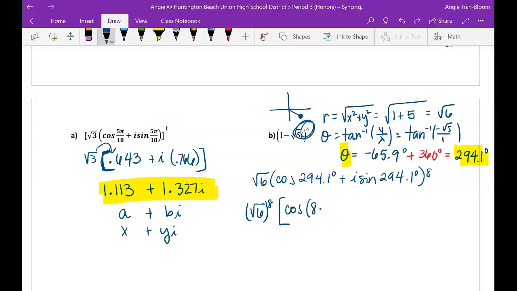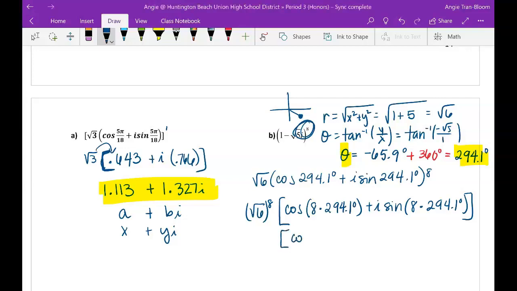So 8 times 294.1 degrees plus i times sine of 8 times 294.1 degrees. And I'm going to use my calculator. 294.1 degrees times 8 equals. All right, so this is going to give me some ginormous number.